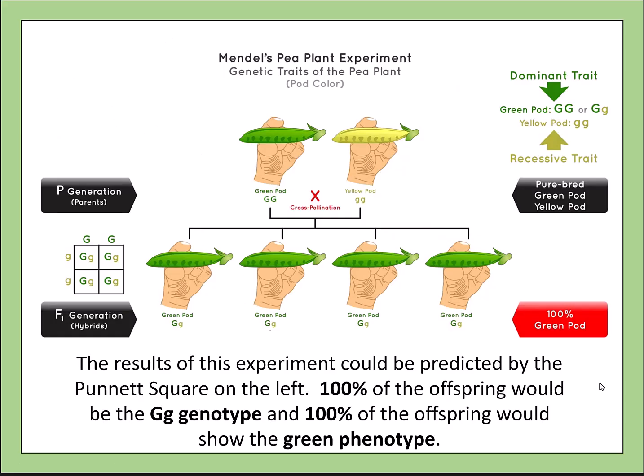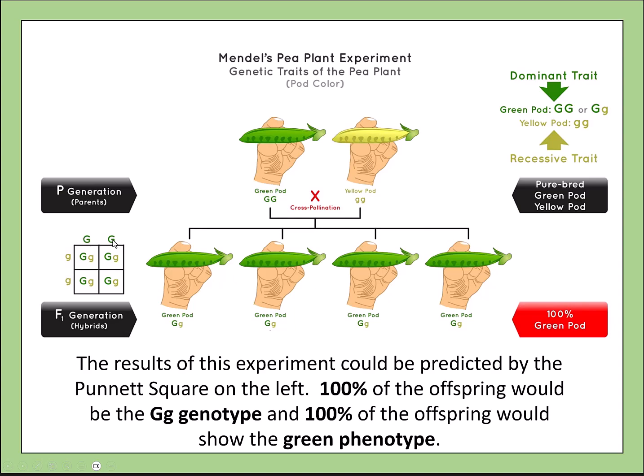So in Mendel's pea plant experiment here, if we did a Punnett square for this, the dominant trait is going to be green. So if we are crossing a homozygous dominant green pea pod plant with a homozygous recessive yellow pea pod plant, the Punnett square is going to look like this. Capital G, lowercase g.